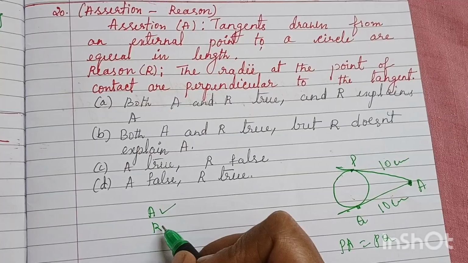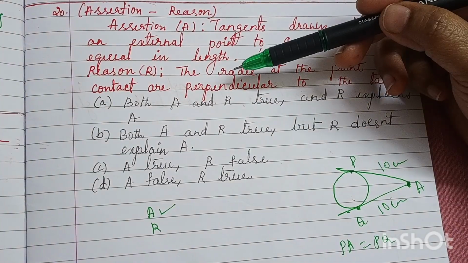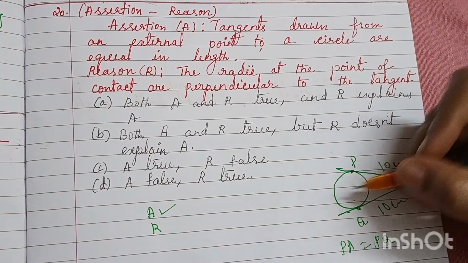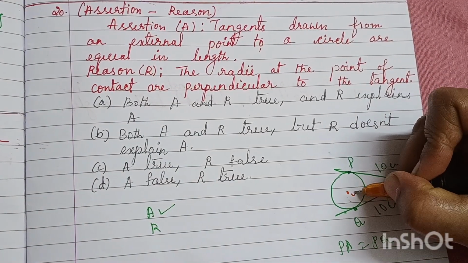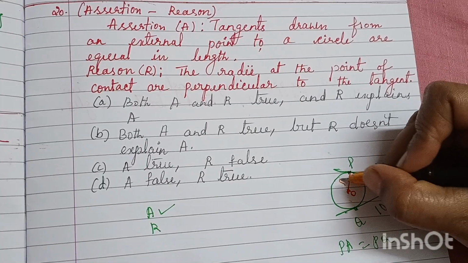And the reason: the radii at the point of contact are perpendicular to the tangent. That is also correct. For example, this is the center of the circle, and from here to the circle it is a radius.